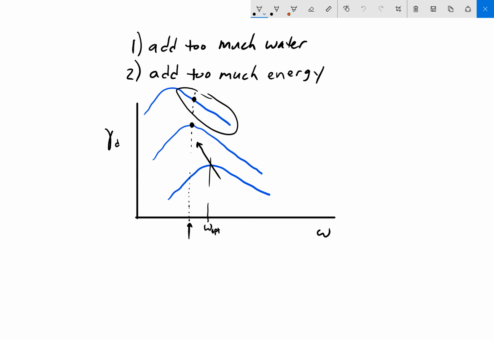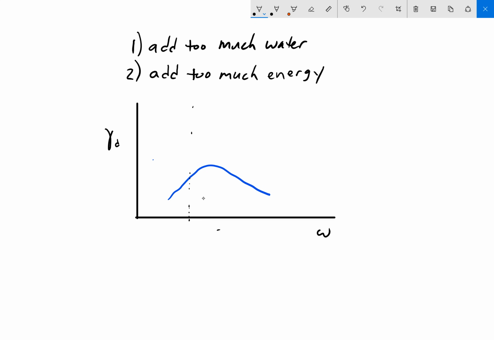So if we go back to, let me erase some of this here. If we go back and look at this plot here of this compaction curve, a relative compaction would be kind of like drawing a line on the dry density axis, where this might be, say, 95% of maximum dry density, where, of course, that point is the maximum dry density.